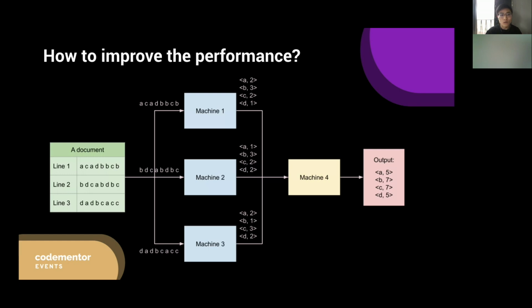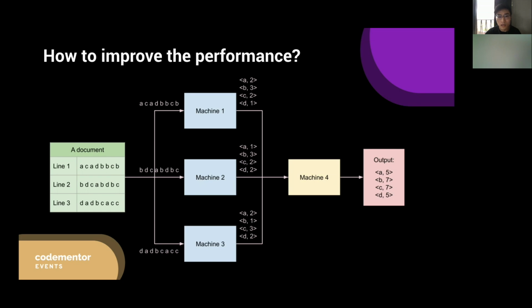Okay, how to improve the performance for the previous simple question? Let's say if we have multiple machines, how can we improve it? One simple optimization is that we can split the document into multiple parts. In this diagram, we split the document into multiple lines.